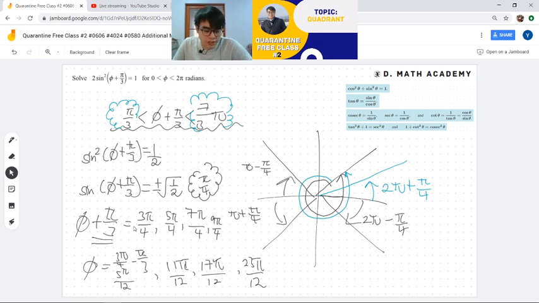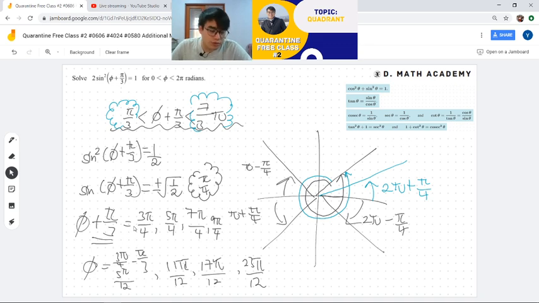Okay, after getting this new range, you can actually draw out your quadrant over here and you roughly know you will have from pi/3 to 7 pi/3. This is what it represents. So with that being said, I roughly know which one to choose already.